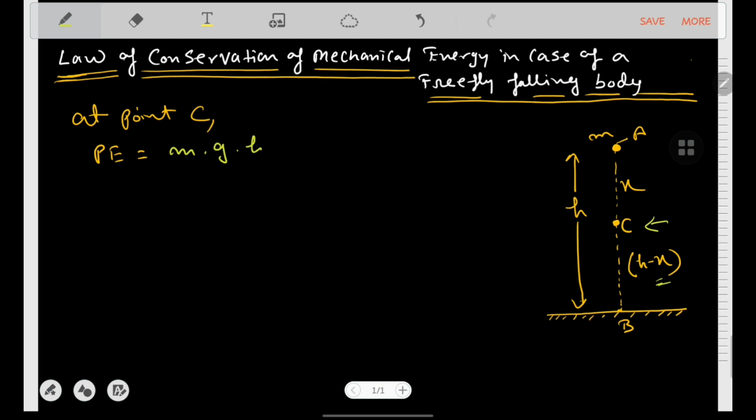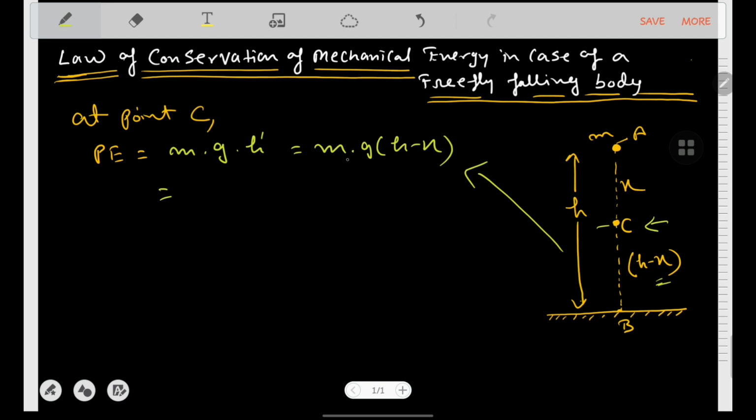Why am I writing h dash? Because last time we took the total height h, but the height has changed at point C. Up to point C the height is now h minus x. So instead of h, we put h minus x. So the potential energy P is equal to m into g into h minus x, the remaining height from this point C. I hope I'm clear to all of you.